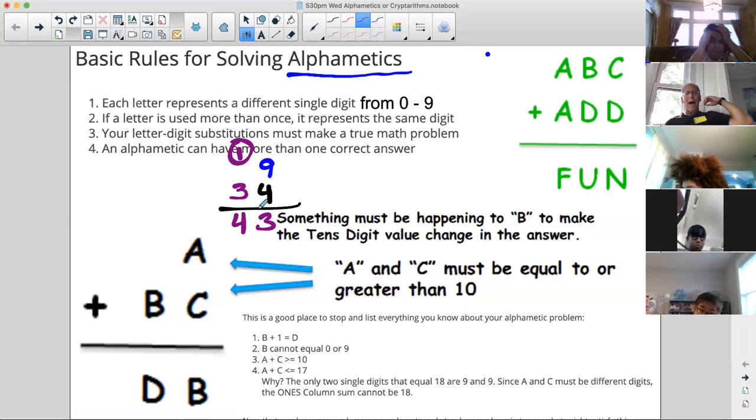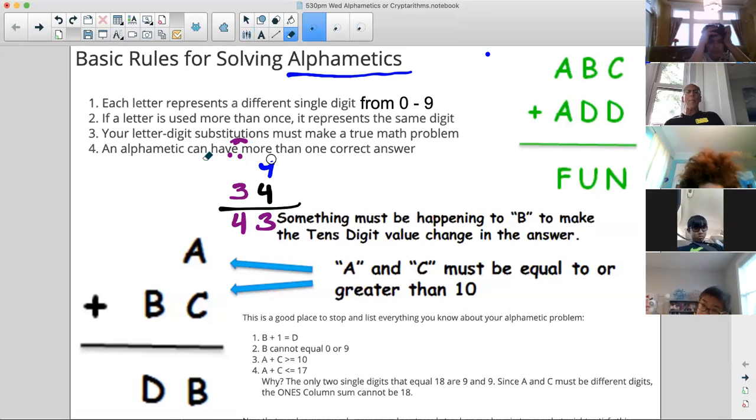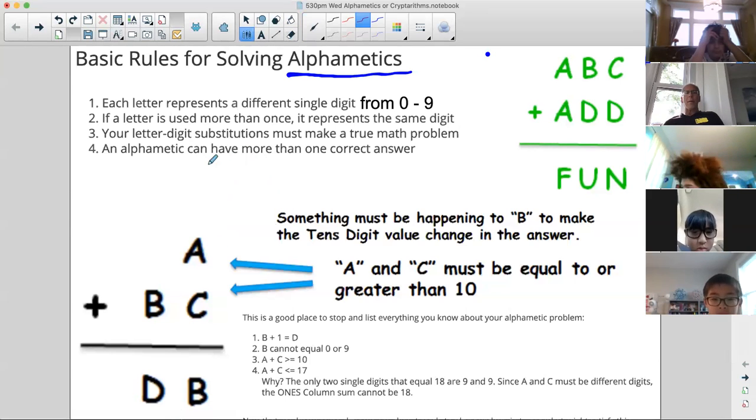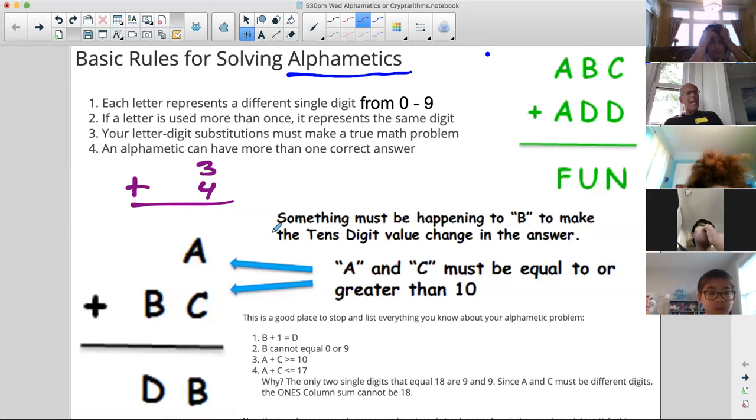A cannot be 9. Now, who can tell me about the sum of A and C? Can A and C be numbers like 3 and 4? Or why can they not be? Rafa, why can A and C not be numbers like 3 and 4?